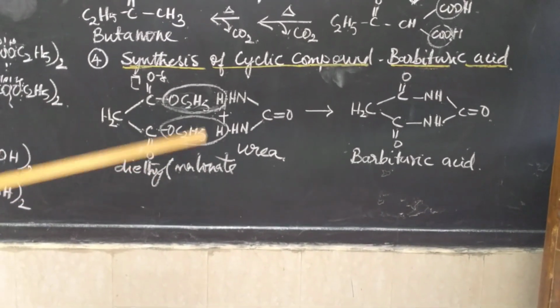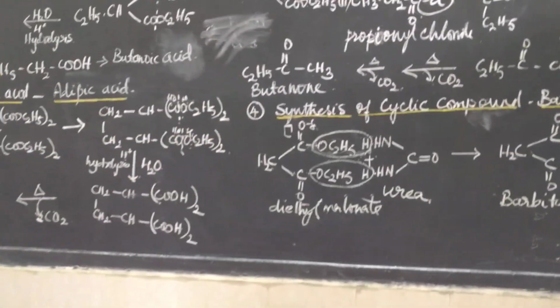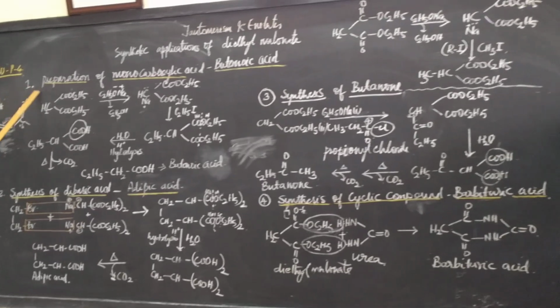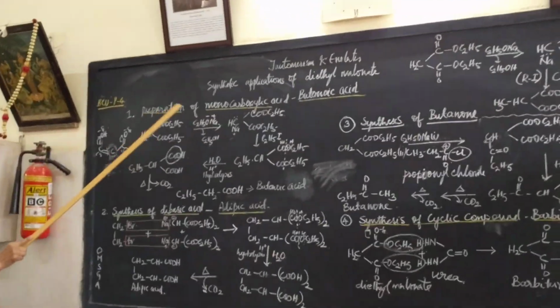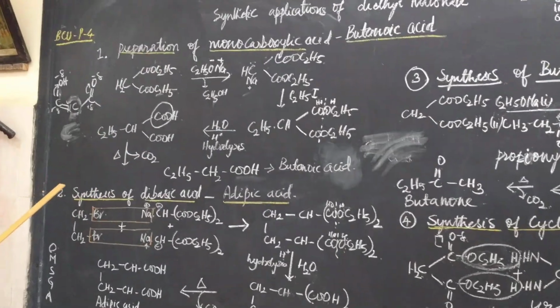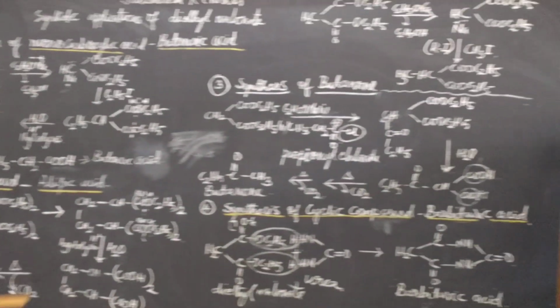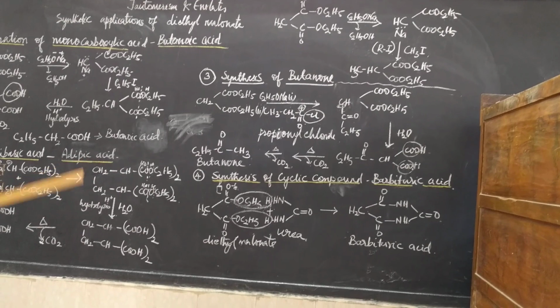So I hope you have understood. I will once again take a summary of this. First we did how to convert diethyl malonate to butanoic acid, then to adipic acid, then to butanone, and then barbituric acid.